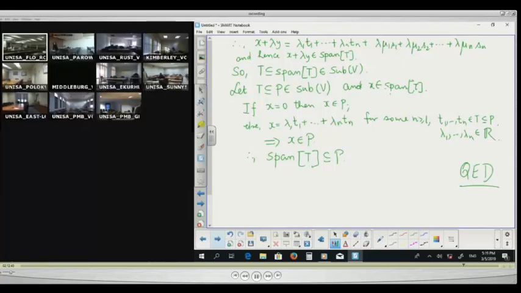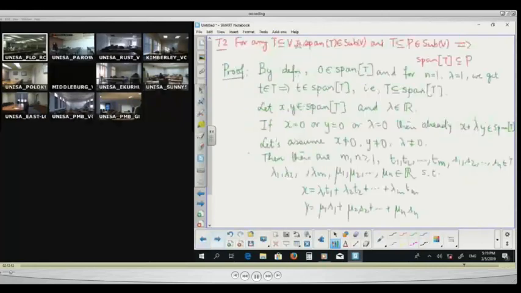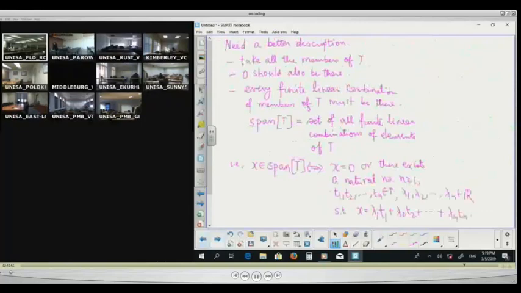Where is it? Here. So I was computing the span of x is R. The span of (1, 0) is this. I left it to you to compute the span of (1, 0) and (0, 1), which is R2.